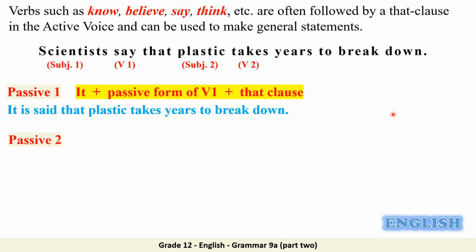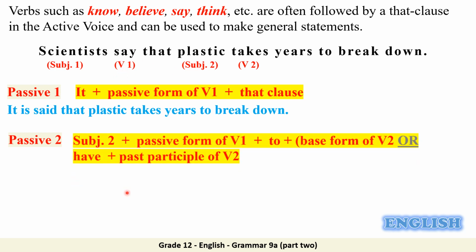What about the other way? This is passive number 2. Okay. What shall we do here? I need you to start with subject number 2. Okay, plastic. Do passive. Use the introductory verb when making passive after subject 2. So plastic, am, is, are, plastic is, say, said, plastic is said.